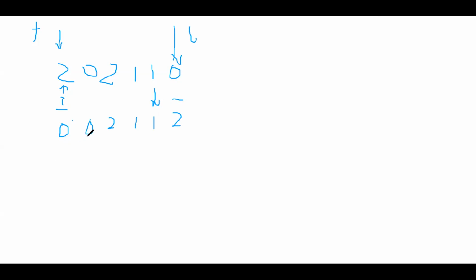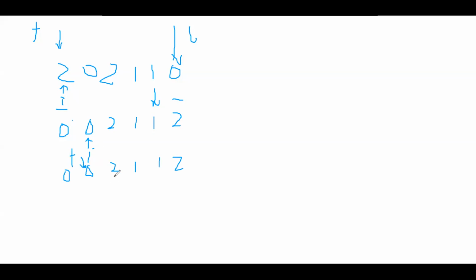And this time i points to the second element here, and it points to the 0. 0 is the first color, so we swap with this one. 0, 0, 2, 1, 1, 2. And the first color pointer points to this position.